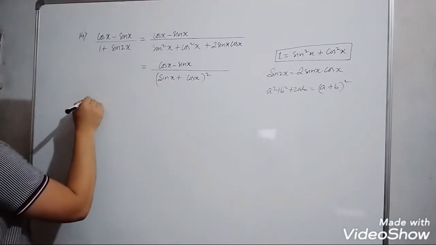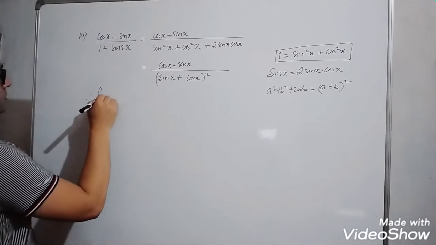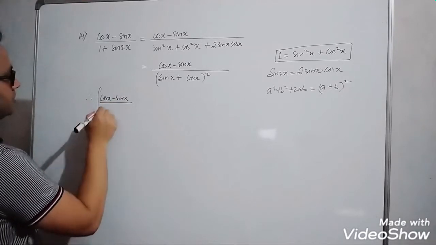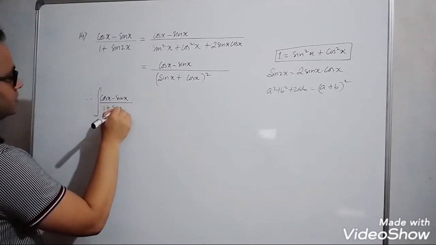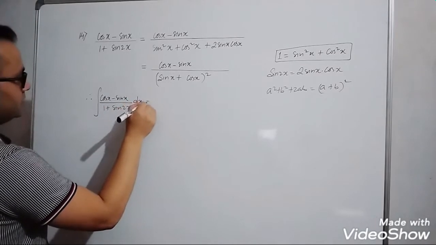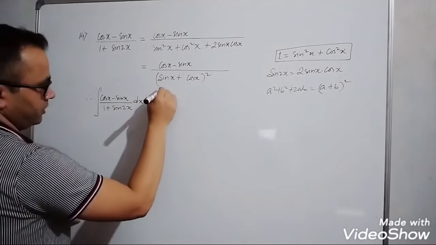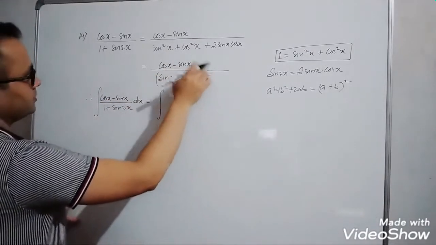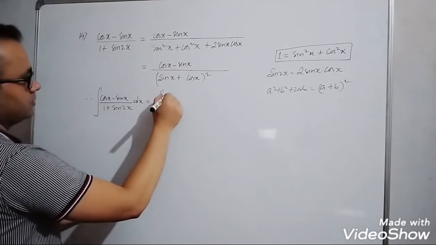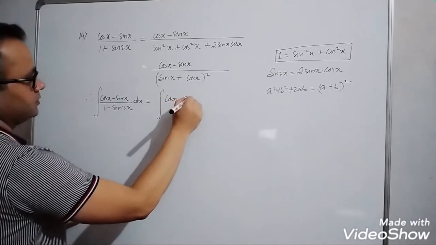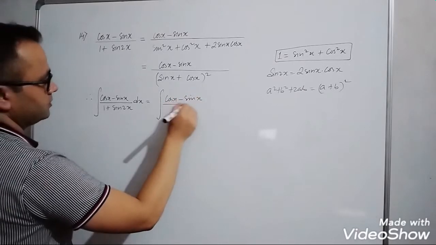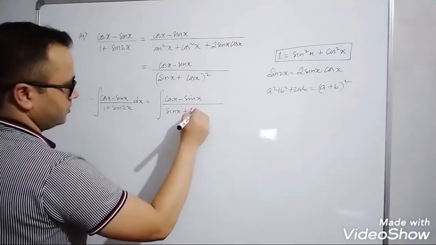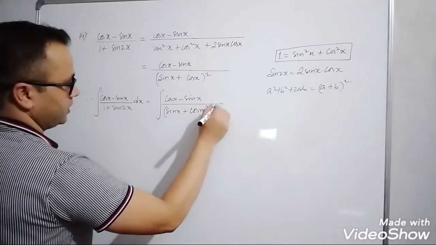Therefore, the integration of cos x minus sin x divided by 1 plus sin 2x dx equals the integration of cos x minus sin x divided by sin x plus cos x whole square dx.